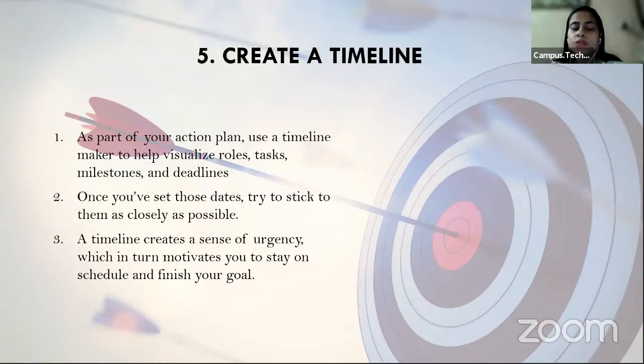So you need to use your timeline to visualize the roles, the tasks, the milestones: after this time where I'm going to be, what I'm going to achieve, where I see myself after 2 months. So make sure you are visualizing things and giving a definite timeline to all your action plans. Once you set those dates, try to stick to them as closely as possible.